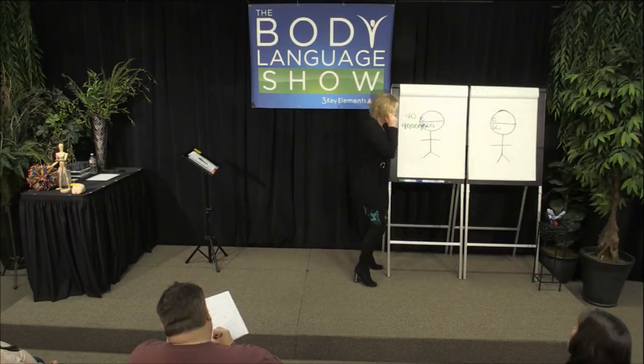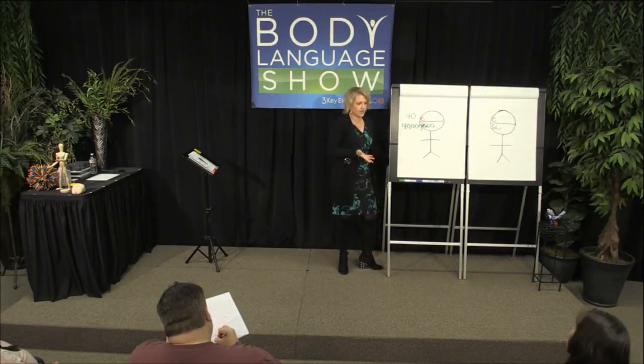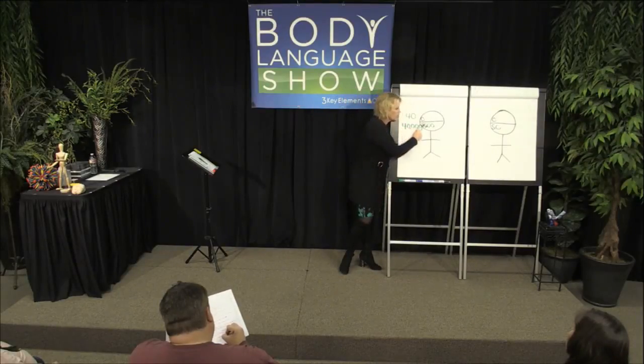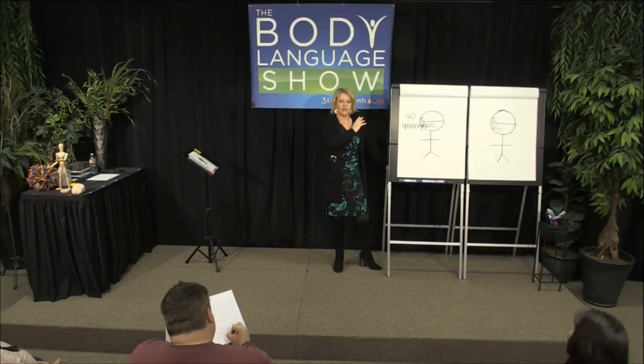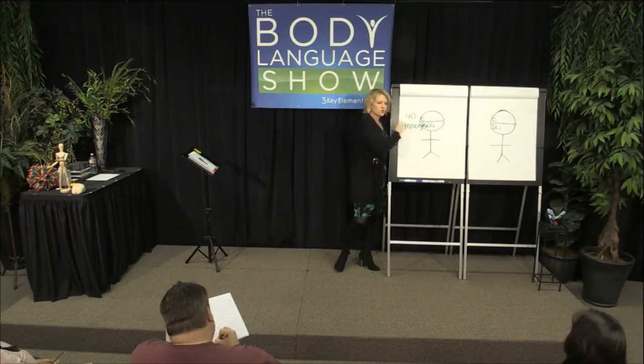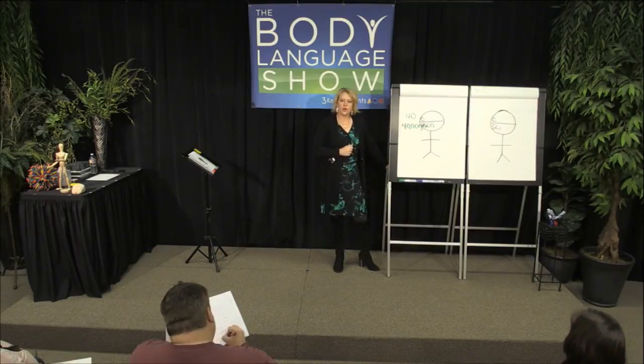Well, guess what? Your subconscious is doing the same thing. Your subconscious is running through lots of random data every single day. And so it wants to know, what information do I want out? What do I need?